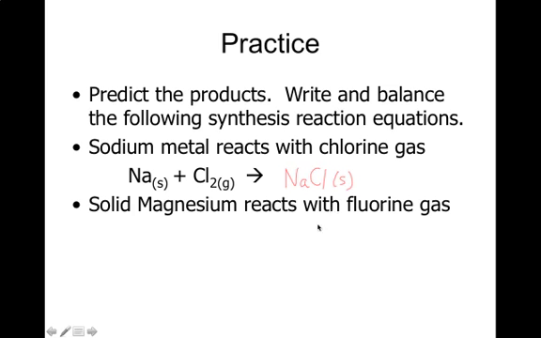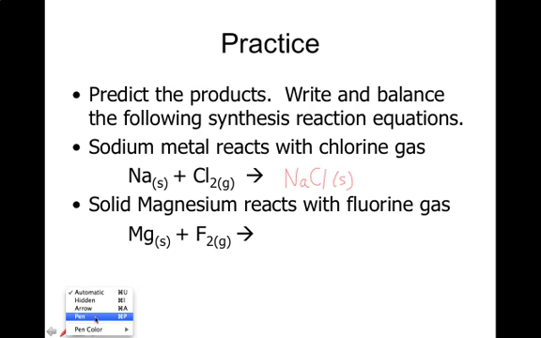Solid magnesium reacts with fluorine gas. When solid magnesium reacts with fluorine gas, then we get magnesium fluoride, and we're going to need 2 fluorines for 1 magnesium, because remember, magnesium is a 2+ charge, so we need 2 fluorines, and that would be a solid.